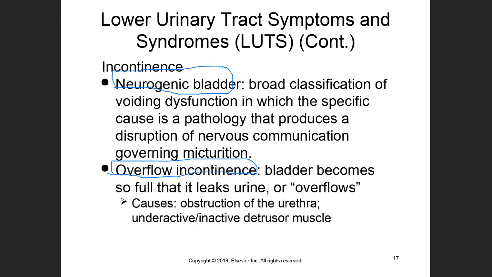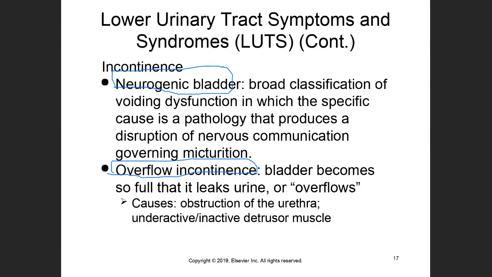Remember that normally after you go to the bathroom, the bladder holds like 50 to 100 milliliters. In those patients, after they go to the bathroom, the bladder is going to be like 800, okay, 700, because it's full. They can't empty the bladder. That's why it's overflow, and it's neurogenic because they don't feel it. This condition is common in patients with diabetes and patients with neurological problems.